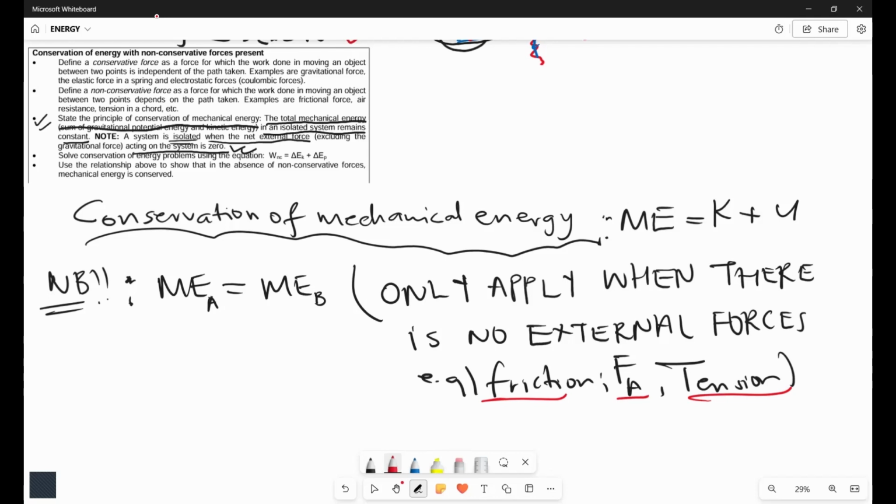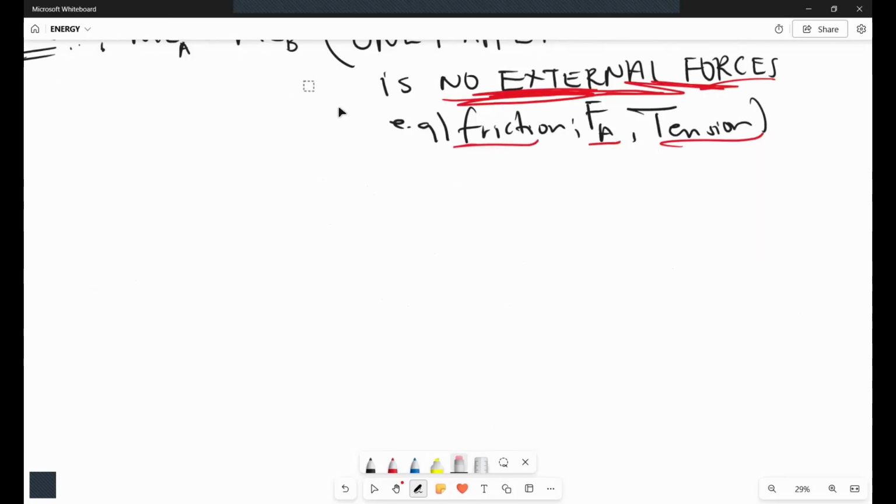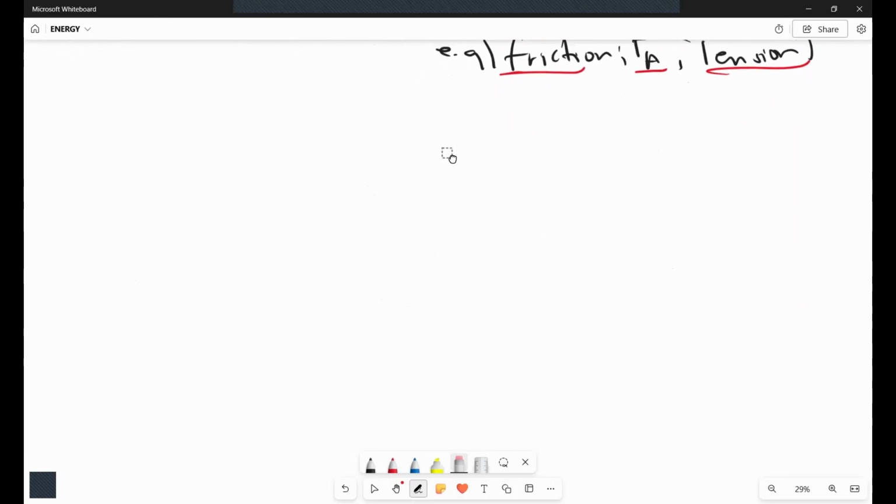It is only applicable when there are no external forces. If there are, you can use the W net work-energy theorem or other equations such as non-conservative forces, which we will go to just after this. Now, I think it's clear that we use it only when there is no friction. Let's say we have a scenario here.